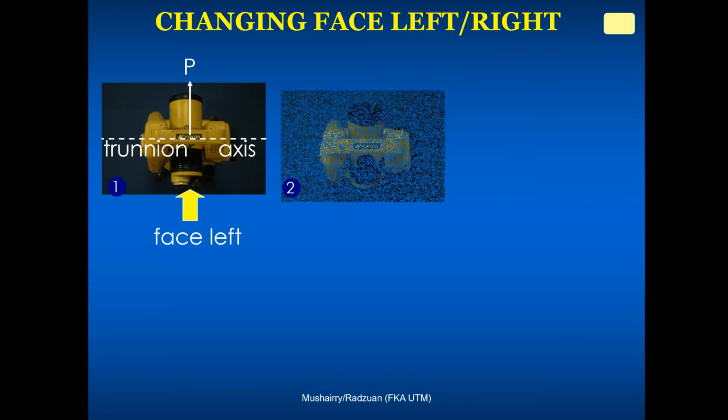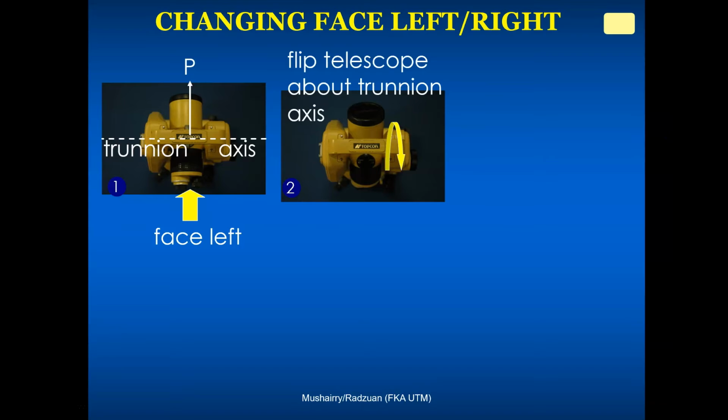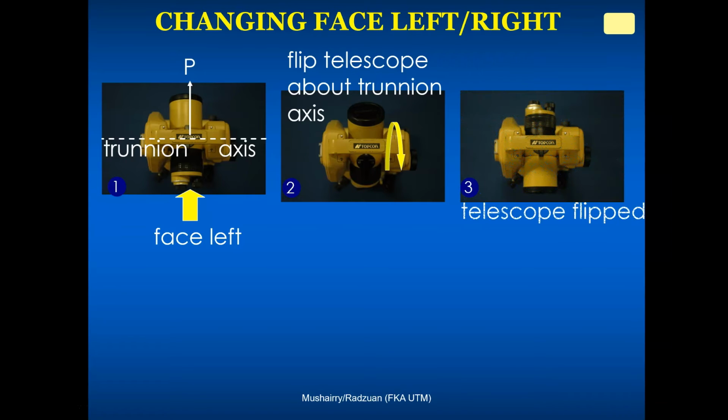Now, what we're going to do next, if you're going to change phase, you've got to flip the telescope about its trunnion axis. Either you go down or up, it doesn't matter, until the telescope is flipped 180 degrees, facing the other way.